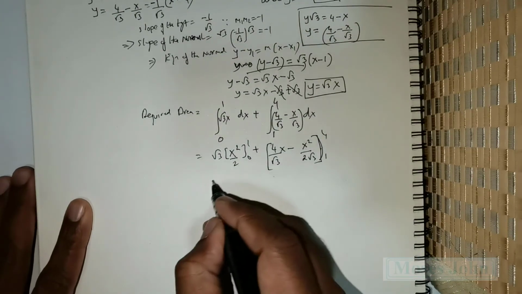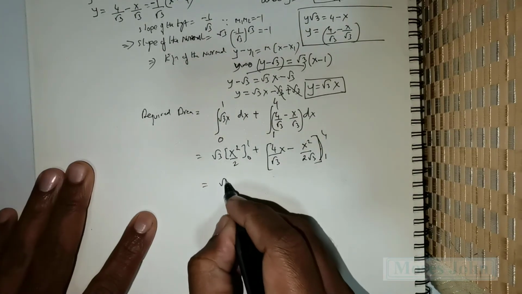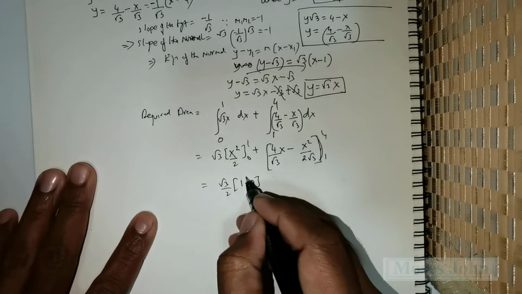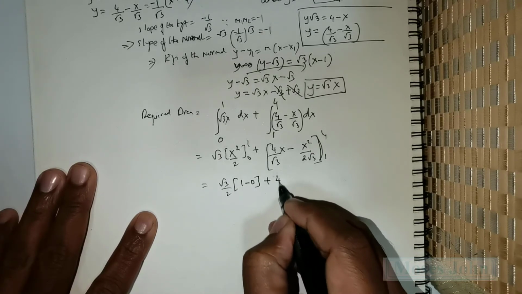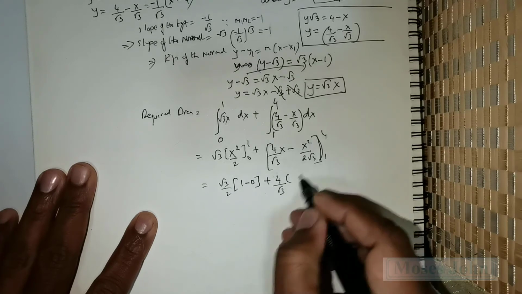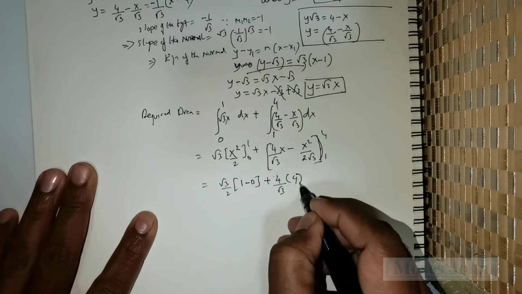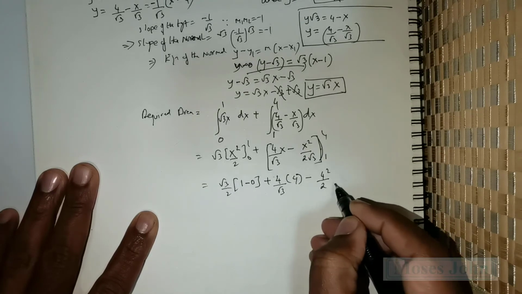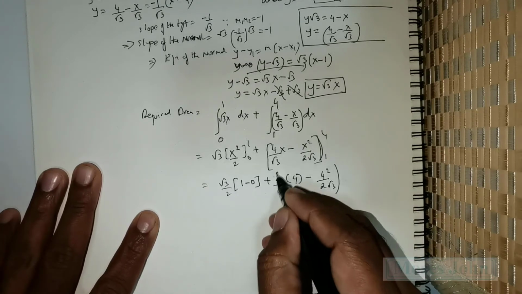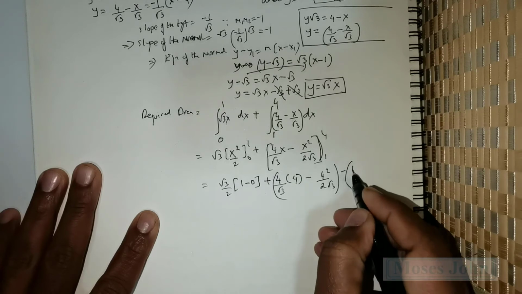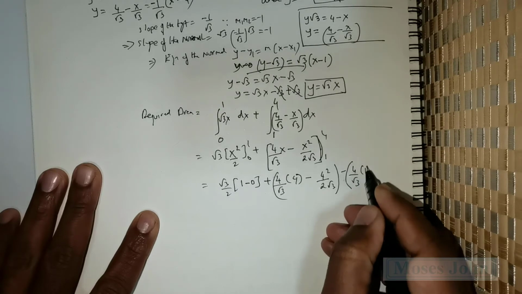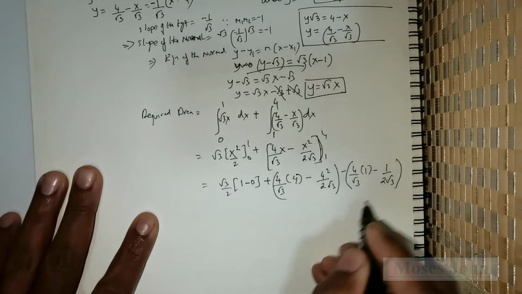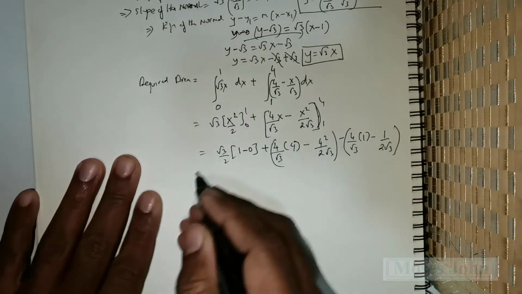So when you substitute these limits, you would get root 3 divided by 2, upper limit is 1, lower limit is 0, followed by 4 over root 3, substitute the upper limit 4, minus 4 squared divided by 2 times root 3. Now you substitute the lower limit, 4 over root 3 times 1, minus 1 over 2 times root 3. So after making the substitution, you simplify.